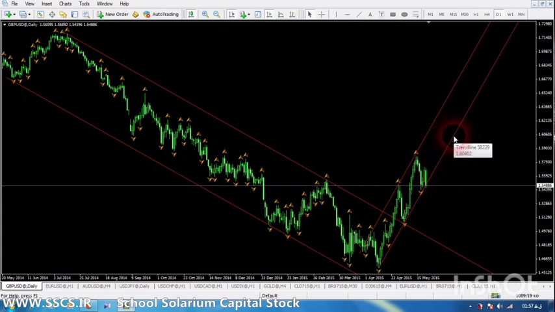So we have another tool that is called the Fibonacci. It's a very good and very powerful tool, and it's very popular as well, and you can predict the market based on this tool.